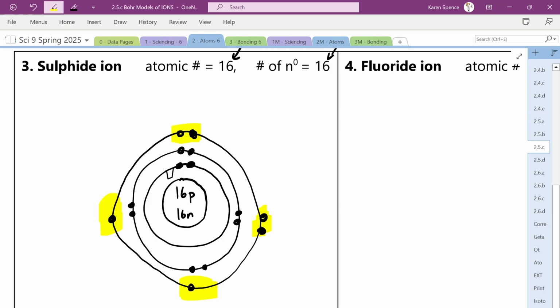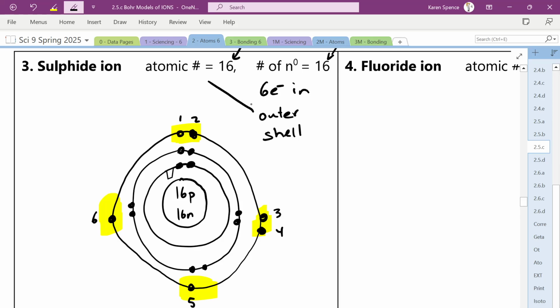I have 1, 2, 3, 4, 5, 6 electrons in the outer shell. What do we call that shell? Starts with a V. Valence shell.